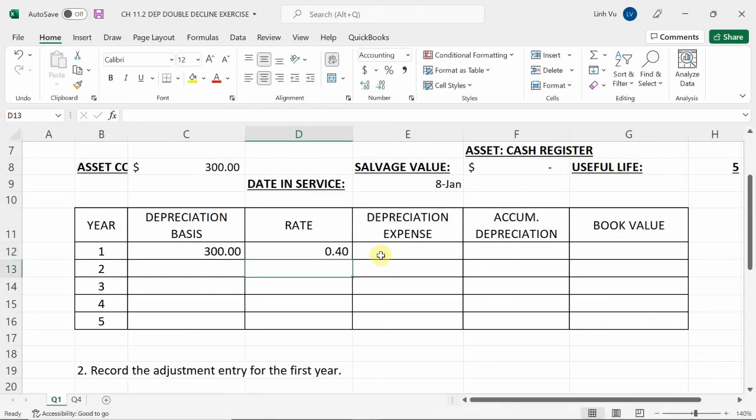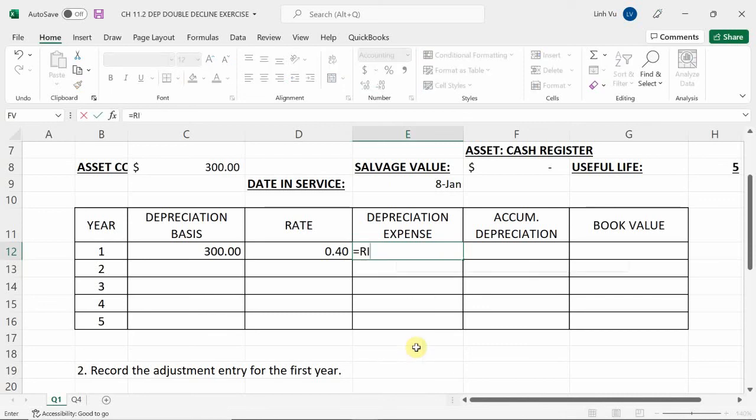So then, what is going to be my depreciation expense for the first year? 300 times 40% is 120. $120.